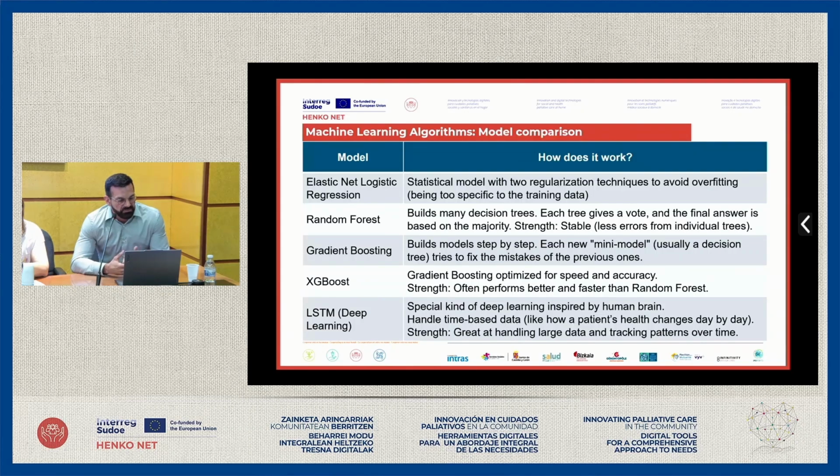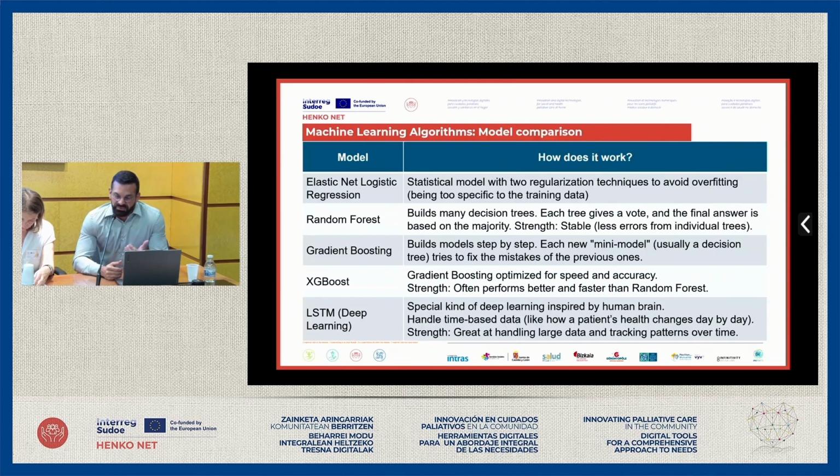It's like models built step by step. Each mini model, usually one decision tree, tries to fix the mistakes of the previous ones. So it's a step more developed than the random forest. And there also exists gradient boosting optimized for speed and accuracy. The strength is that these models often perform better and give faster answers than random forest technology.